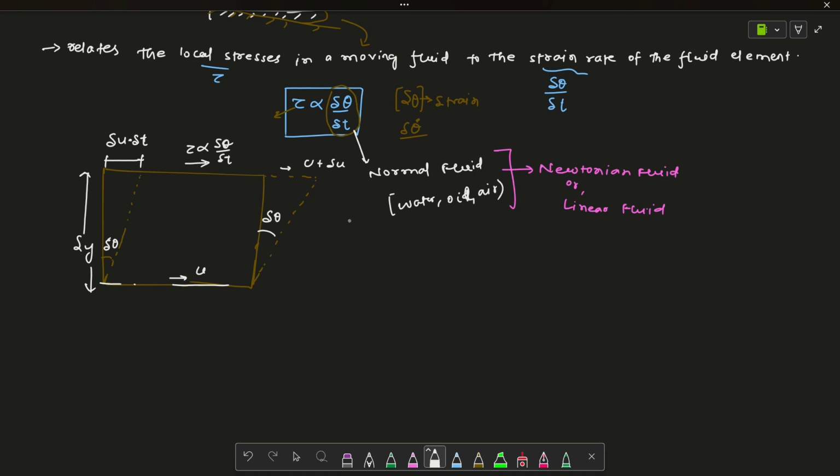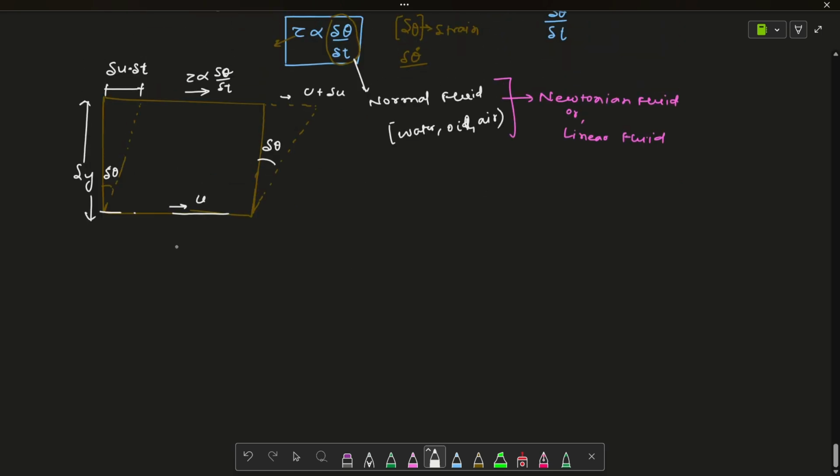Now from geometry, from this figure, we can say that tan del theta is equal to del u into del t divided by del y, right? This one is height and this one is base, so from this triangle we can say height by base. I already told you this fluid element is too small, and too small means this delta theta angle will also be infinitely small.